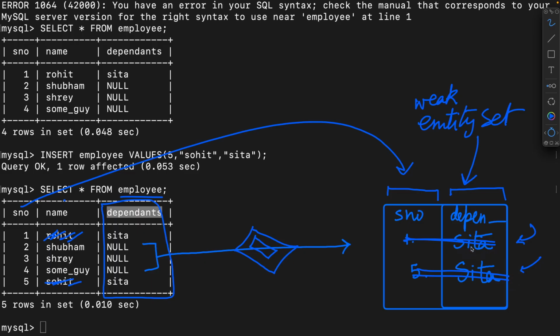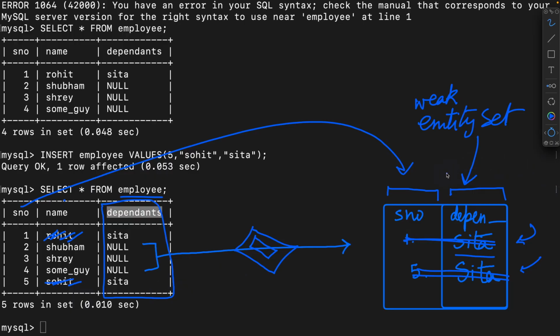So the company is concerned with Sita so long as an employee exists corresponding to Sita, right? From your company's concerns, the owner of the concerns regarding Sita is your Rohit and Sohit, right? The concerns of the company are being analyzed over here, right?